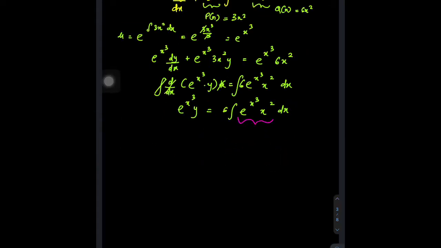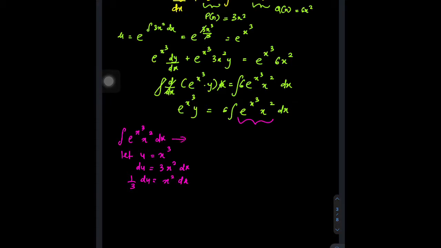For this part, integrate e to the power of x cubed times x squared dx. We let u equal x cubed. Differentiate u, so you will get du equals 3x squared dx. Then 1 over 3 du is equal to x squared dx.